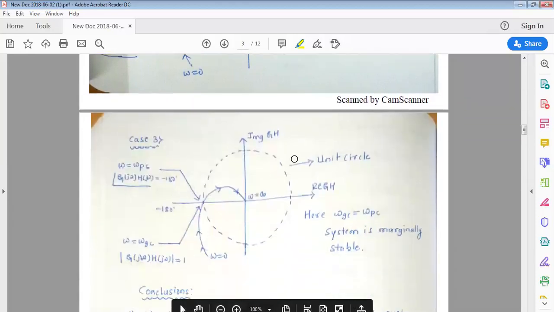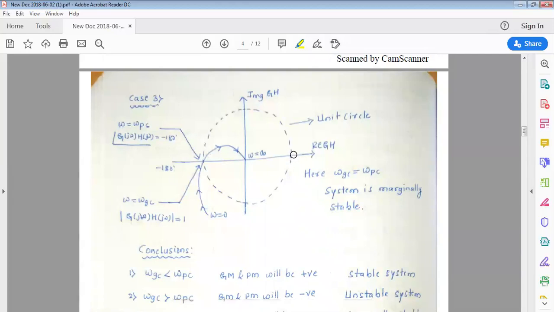Third case we'll look into here. In case 3, assume that this is a unit circle, this is the real part, this is the imaginary part. Assume that this is a polar plot, starting with omega equal to 0 and ending at omega equal to infinity. See, this is how the polar plot is traversing. For what value of omega does it cut the unit circle at this point, right?